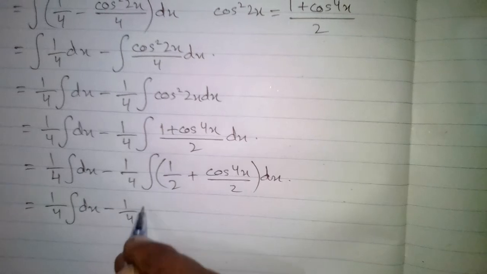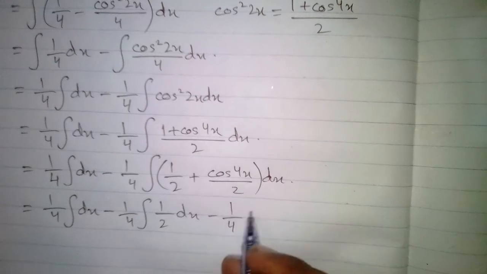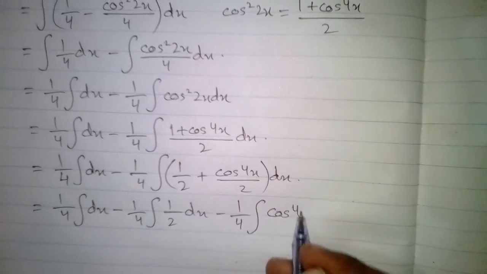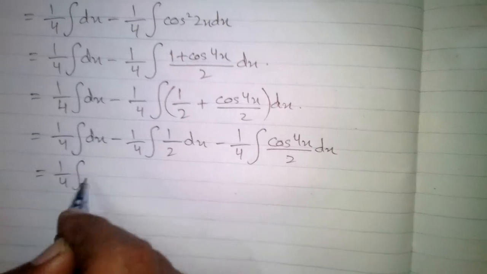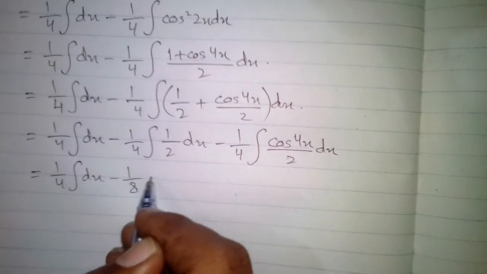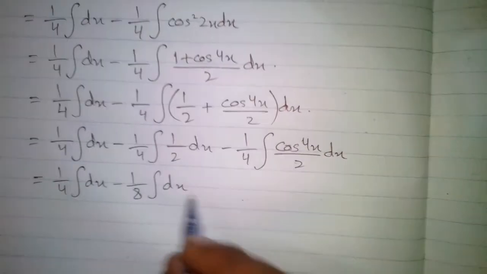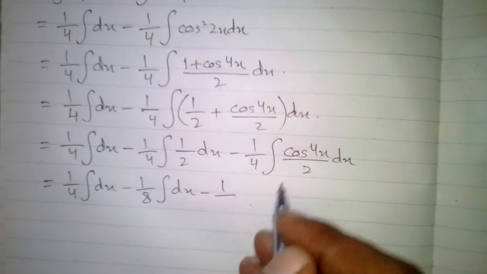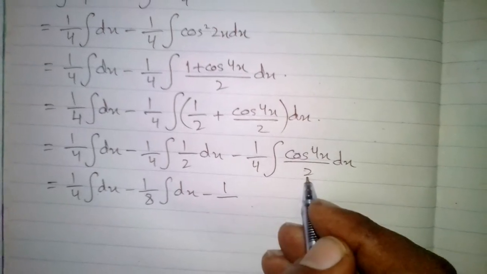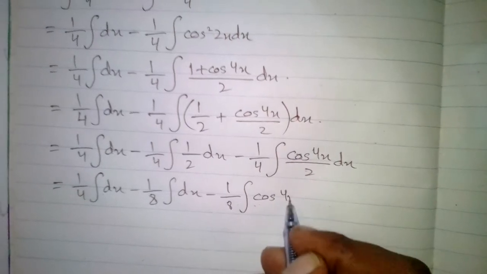So we have 1 upon 4 integral of dx minus 1 upon 4 integral of 1 upon 2 dx minus 1 upon 4 integral of cos 4x upon 2 dx. Now this can be written as 1 upon 4 integral of dx minus 1 upon 8 integral of dx, because this 2 will be multiplied by this 4. So we have 8 over here, and this 4 will be multiplied by this 2, so we have 1 upon 8 integral of cos 4x dx.